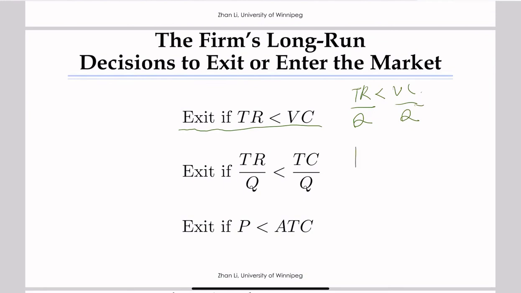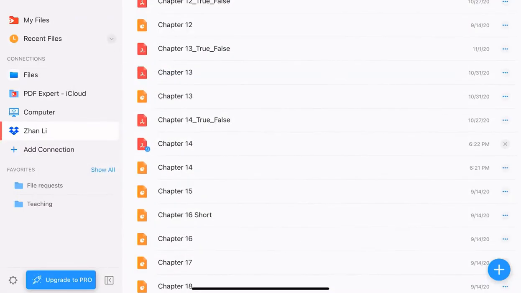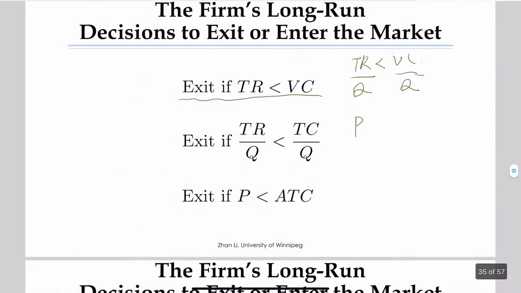So now we have price smaller than... Okay, you know what? There's again a typo here. I have to update this lecture note. So you can see that we should not have variable cost here. We should have total cost here. Right? So let me restart.